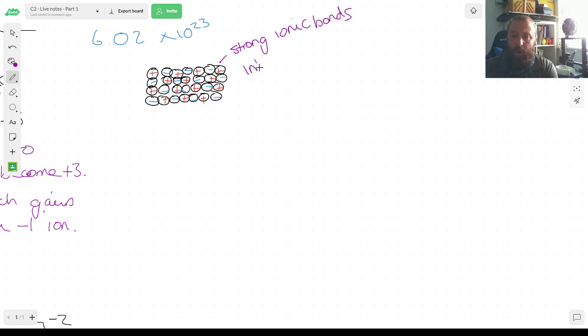These are intramolecular forces, because if you look at a salt crystal, that's going to be one molecule. It's a huge molecule, but it's one molecule. So we've got these strong intramolecular ionic bonds or forces, however you want to call it, because these are caused by these opposite charges attracting.